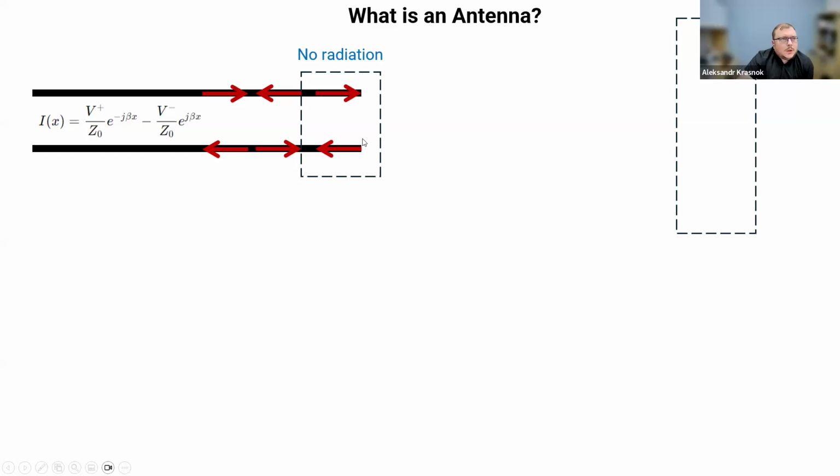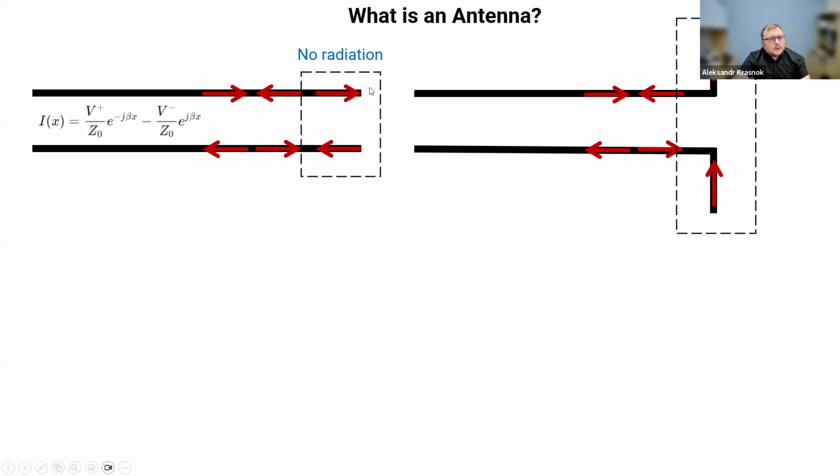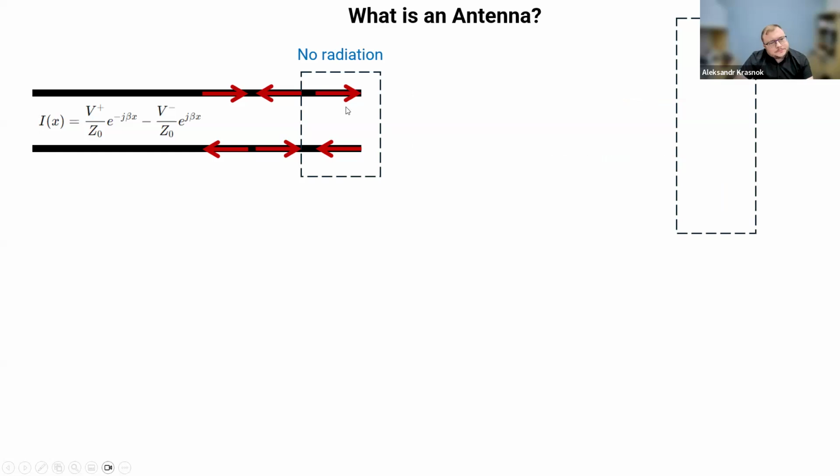But what if we need to couple the energy or outcouple the energy from this transmission line? Let us consider this edge or ending elements here. Let's say at one time instant, in the upper wire, the current points to the left, and in the lower wire, it points to the right. So this system does not radiate.